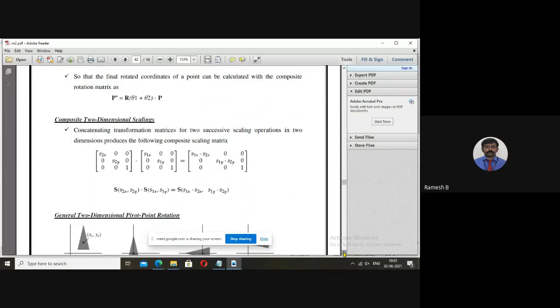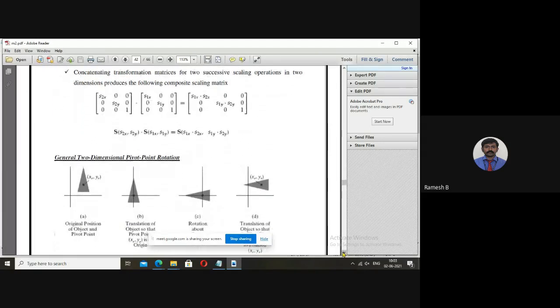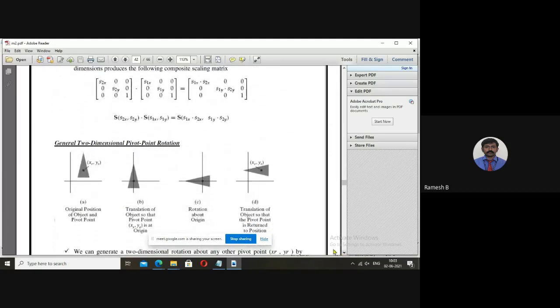Now pivot point rotation. If you want to rotate an object, first we move that object to the origin and do the rotation. In the third figure, it has been rotated and then translated back. The inverse transformation we are doing in the fourth figure, figure D.